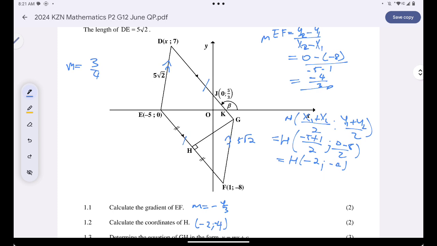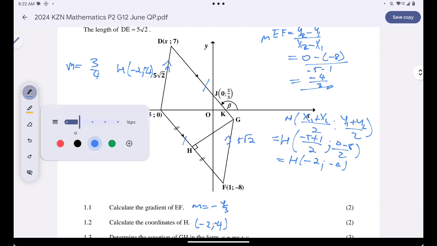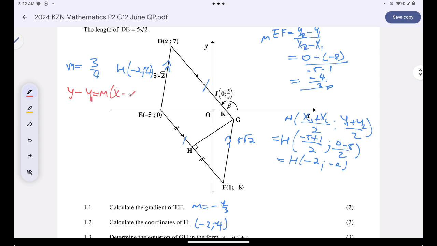So I do have the gradient and I also have the point H, which is negative 2 and negative 4. Since I have the point, I can find the equation by substituting: y minus y1 is equal to m times x minus x1, where y1 is negative 4, m is 3 over 4, I mean rather the gradient, and x1 is negative 2.